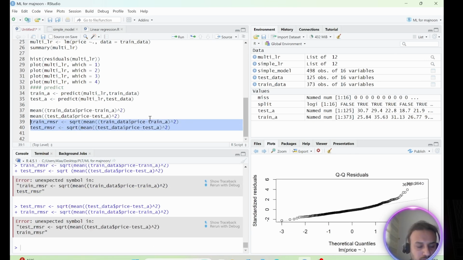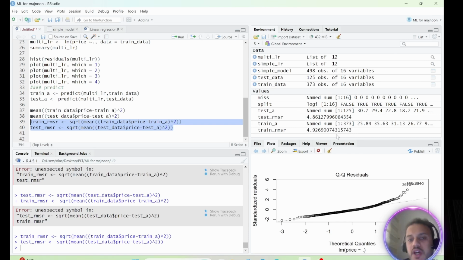Run. Okay, close. We need another one in here. We need another one in here. That's why. Okay, run.